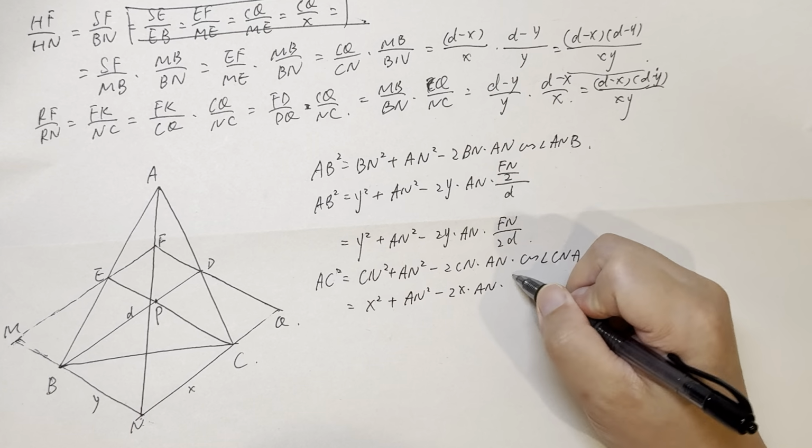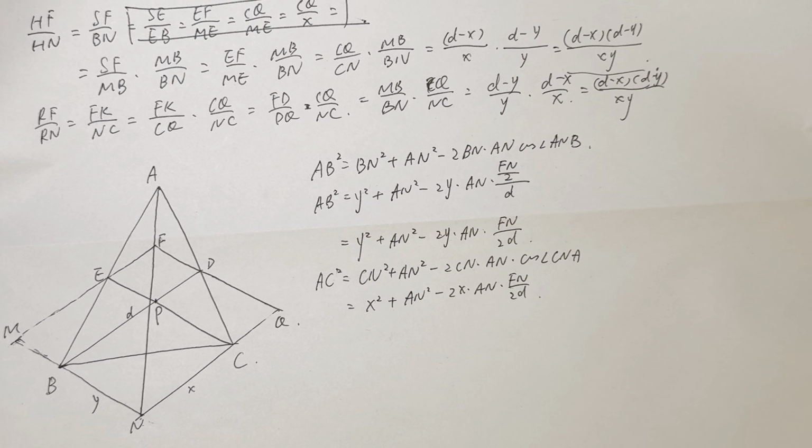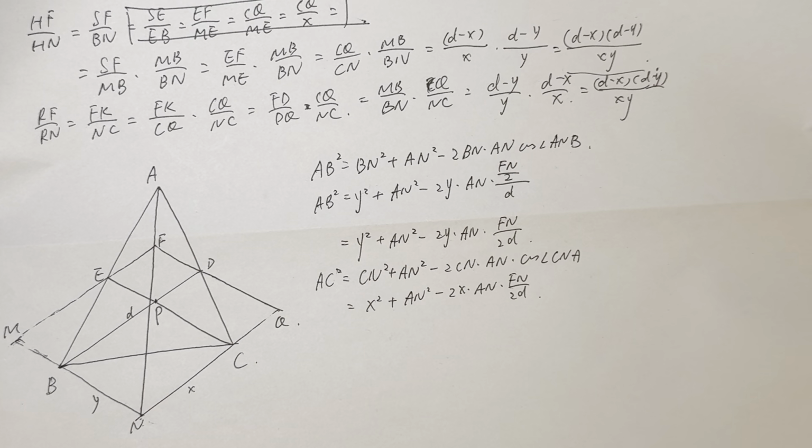That's actually the same, FN over 2D. Now the good news is that we have AB squared and AC squared, so we can calculate AB squared minus AC squared, right?